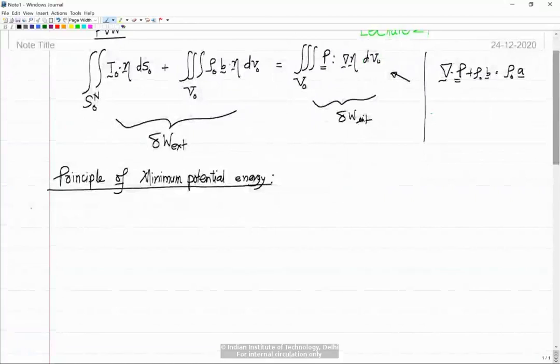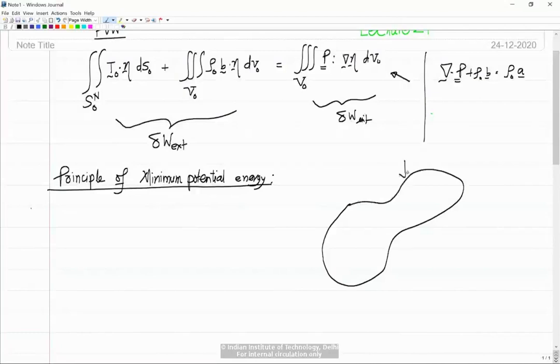So we have to obviously first write down the expression of potential energy of the system. Our system is the deformable body which is subjected to external loads, right? So this is your T naught, and then you can also have body force throughout the body, which is B naught.